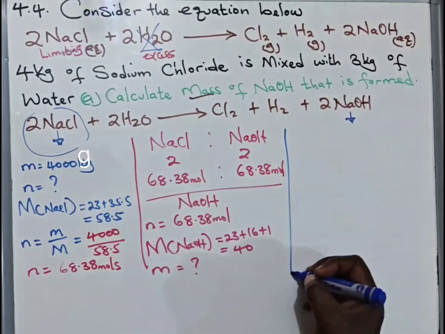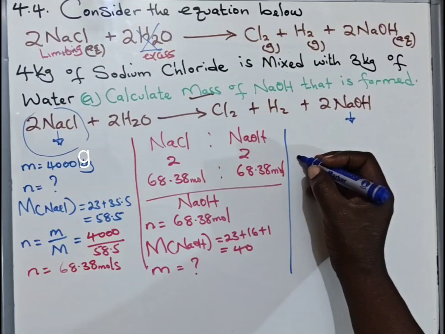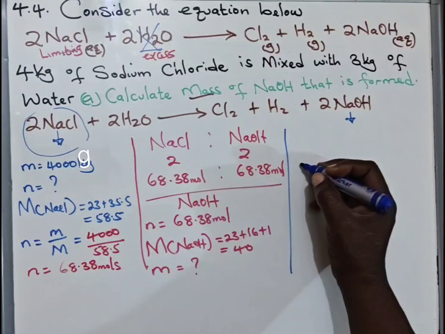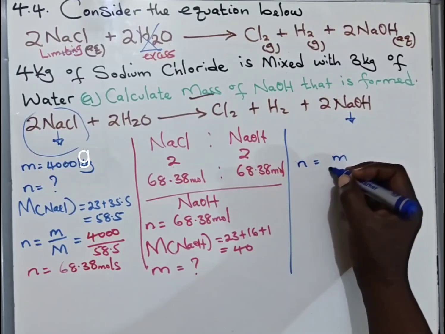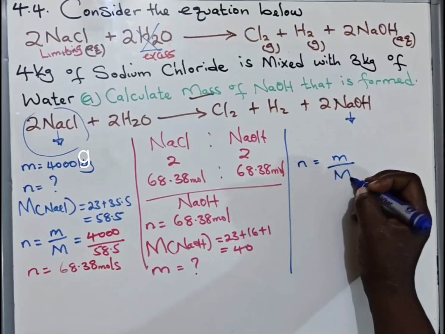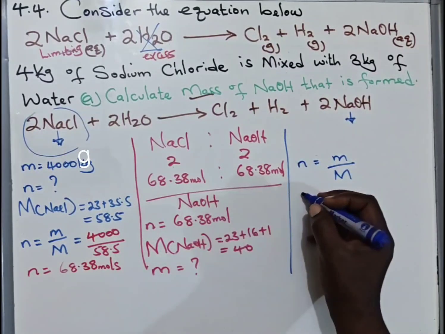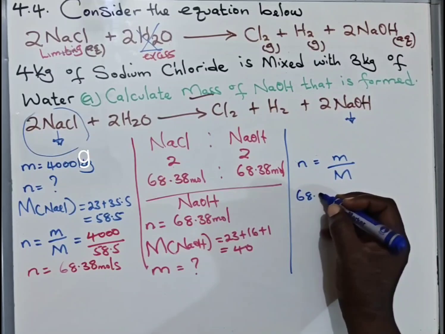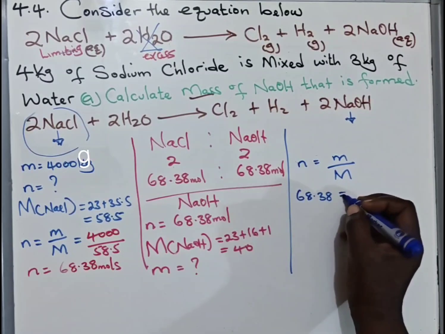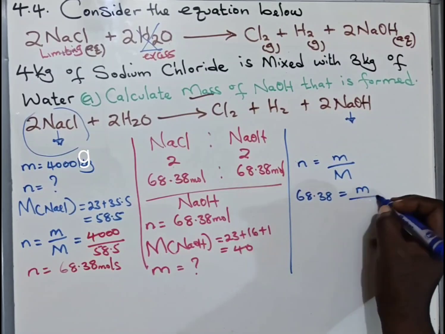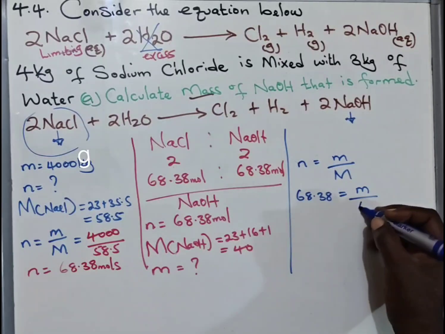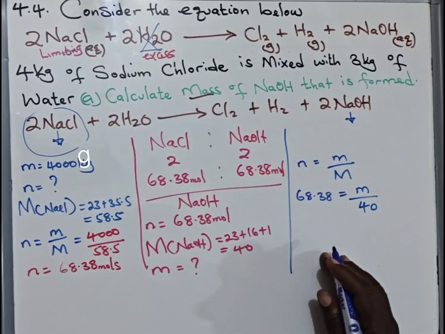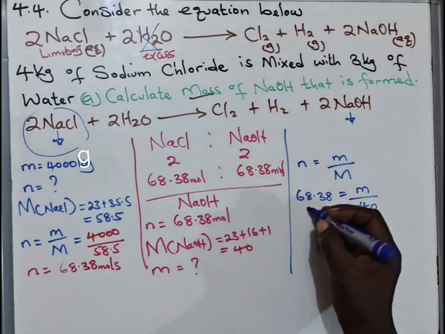How do we get the mass from this equation? The equation is N is equal to mass over molar mass. For the N, we know it is 68.38. And the mass, we are looking for it. But we know its molar mass, which is 40. What do we do here? We cross multiply.